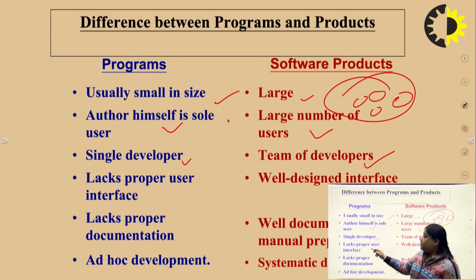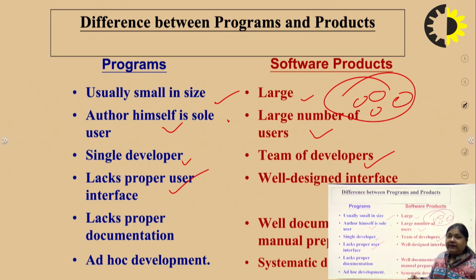A program lacks a proper user interface; maybe it can work through an API and we can use it. This is a small program which implements some functionality, and we can use it in our software product. So it can lack a user interface.